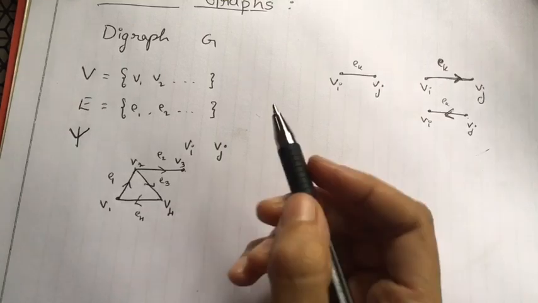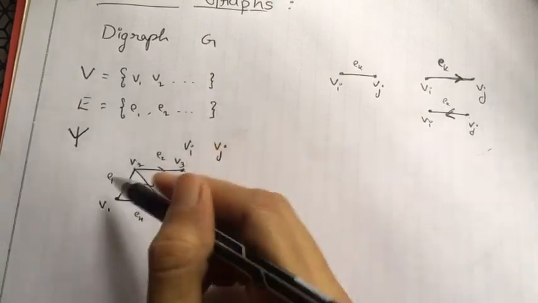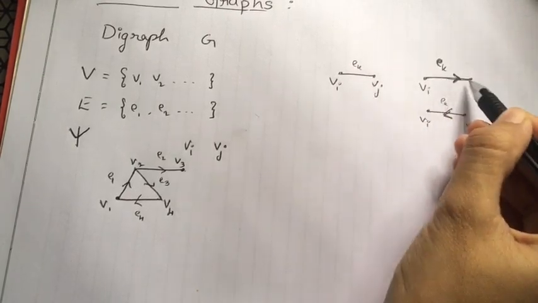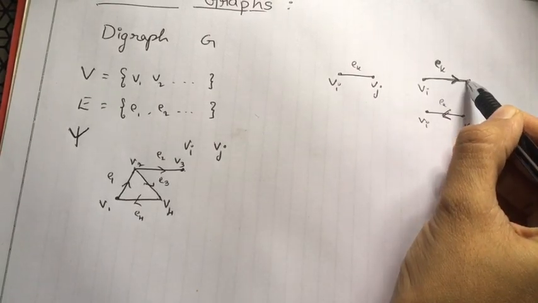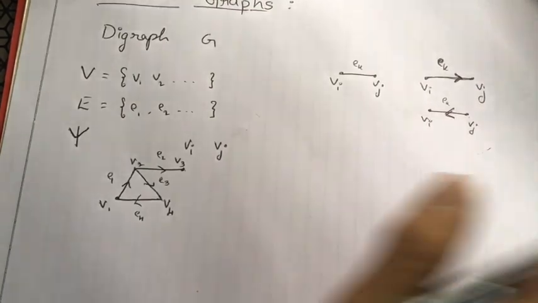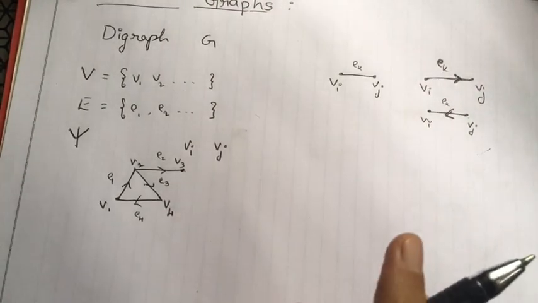In a directed graph, an edge is not only incident on a vertex. We say incident out of a vertex and incident into a vertex.